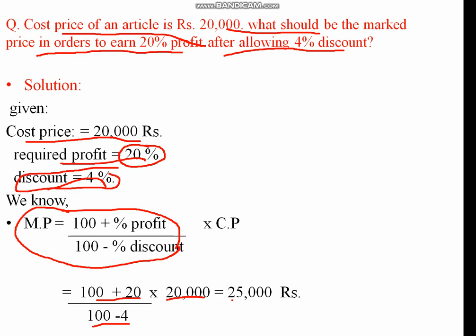So we get mark price equal to 25,000 rupees. To earn a profit of 20% after allowing the 4% discount, mark price should be 25,000 rupees if cost price is 20,000 rupees. So the required answer is 25,000 rupees.